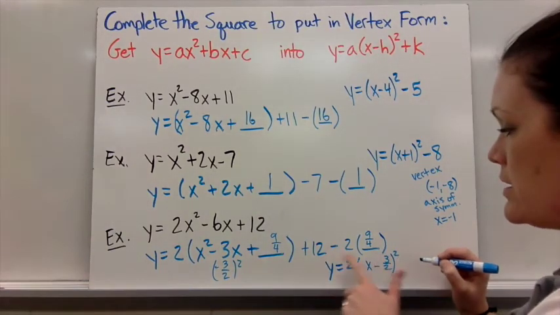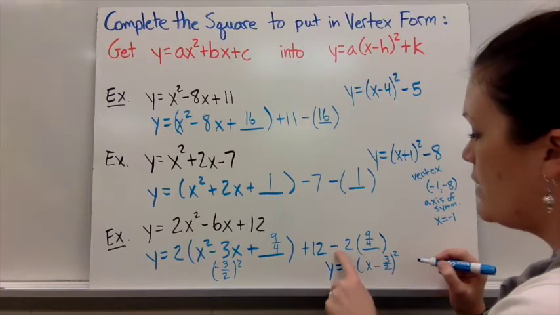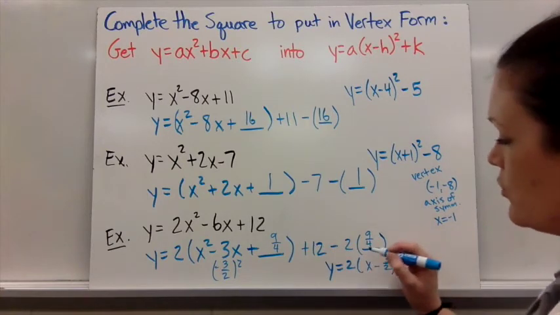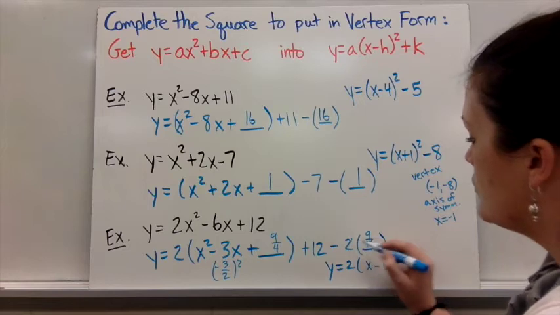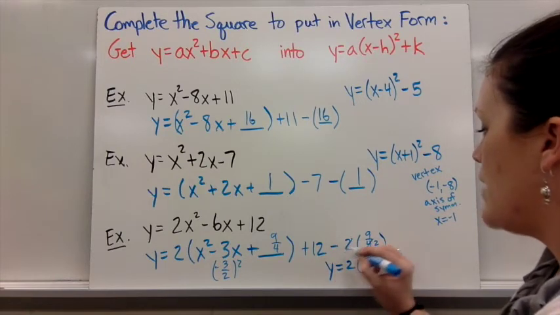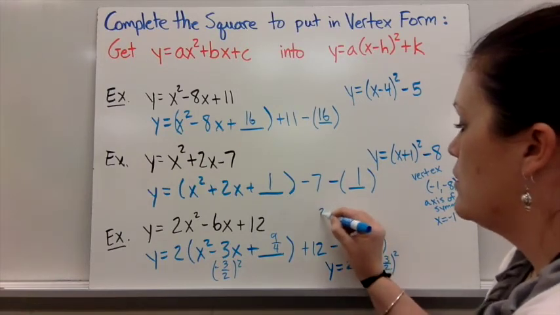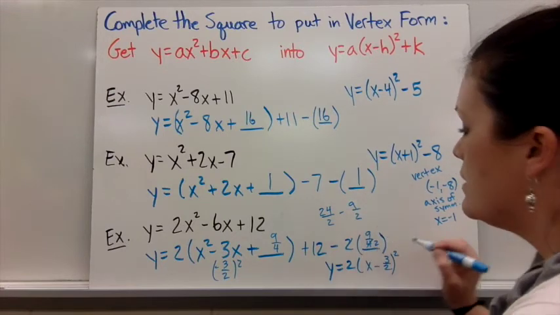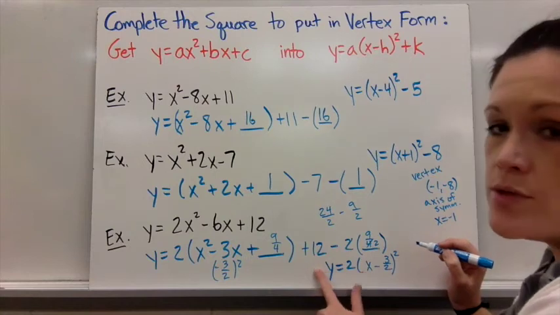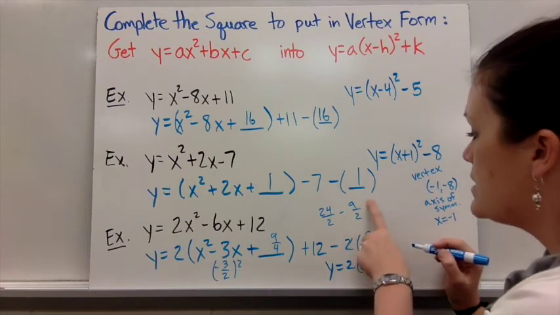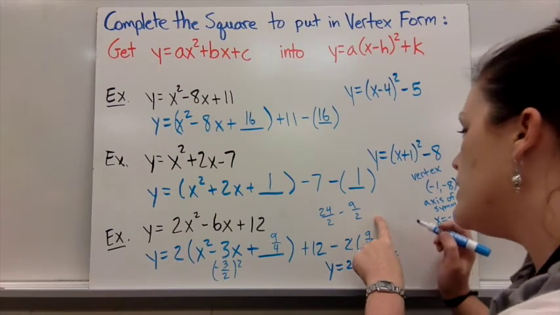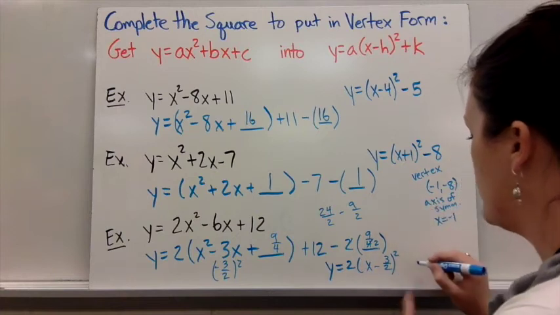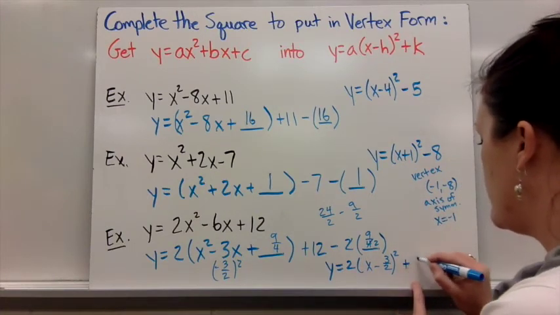And then we just need to clean this up. So we have negative 2 times 9 over 4, that would reduce to 9 over 2. 12 is the same thing as 24 over 2, and 24 over 2 minus 9 over 2 would leave us with 15 over 2. So let's put 15 over 2.